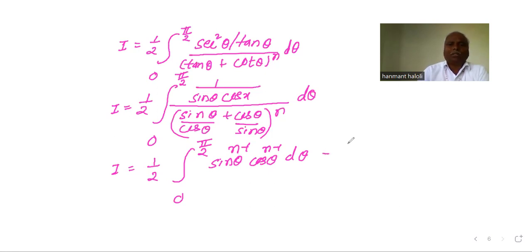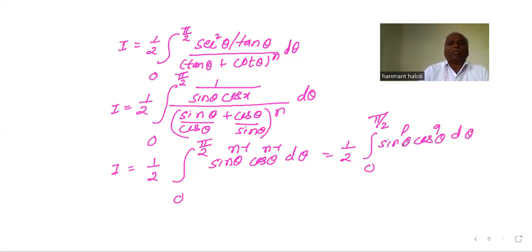This is in the beta function formula: integral 1 upon 2, 0 to pi by 2, sin raised to p theta cos raised to q theta d theta.